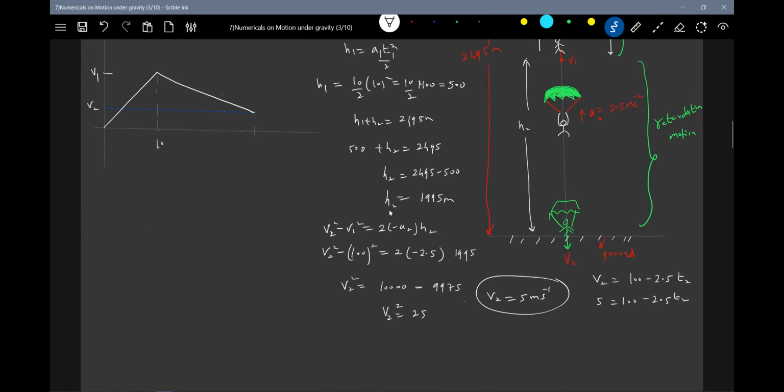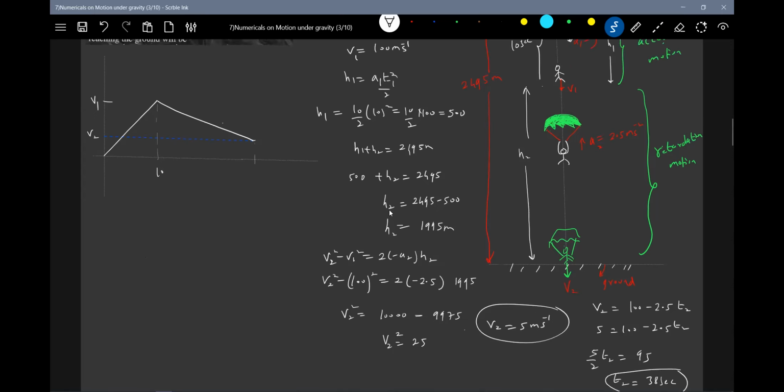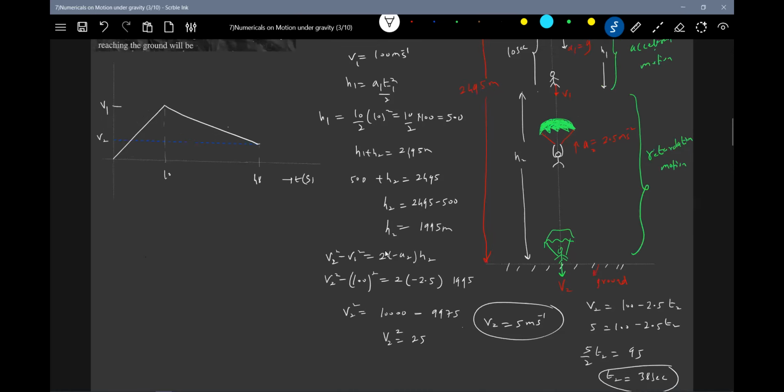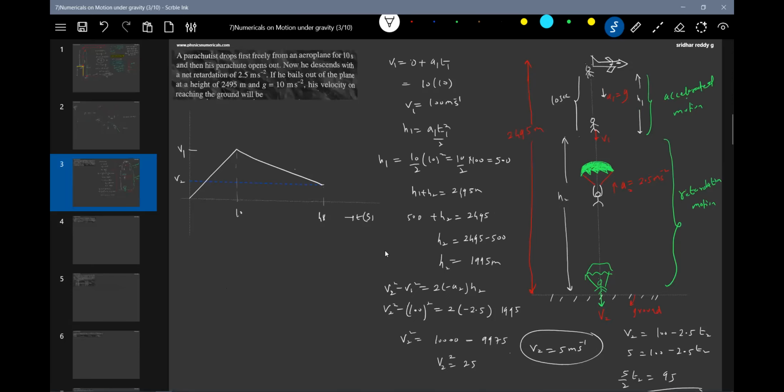This becomes 5/2 T2 equal to 95. So T2 is 38 seconds. For 38 seconds he will undergo retardation. So this total will be 48. See this, the problem is a very beautiful problem.